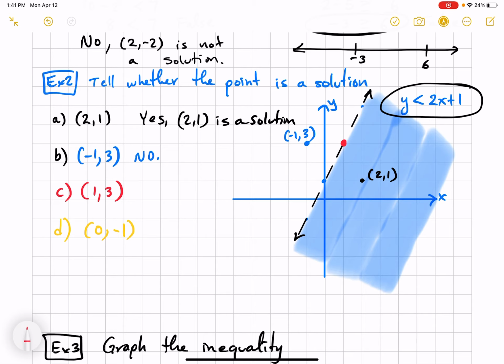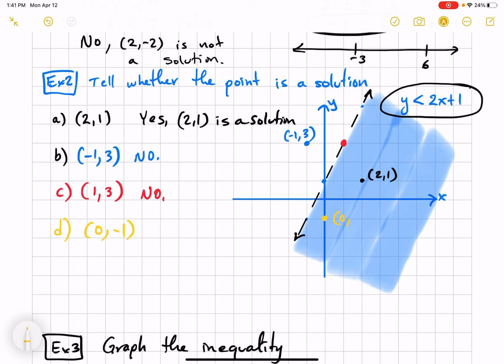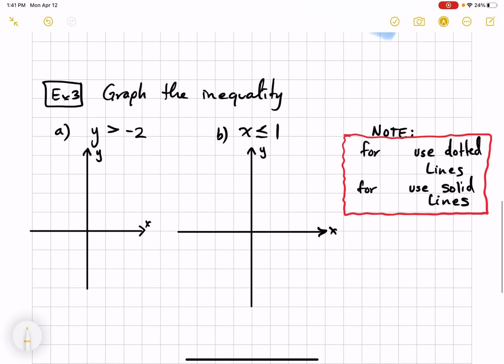When we graph a dotted line, that means the points on the line are not solutions, so no. If it was a solid line, then it would definitely be a solution, but it's on a dotted line, so all the points on the line are not solutions. And then finally, (0, -1) is here. It still lands on the shaded region, so yes, it is. Okay, please feel free to rewind this video if you don't understand, but hopefully you do.